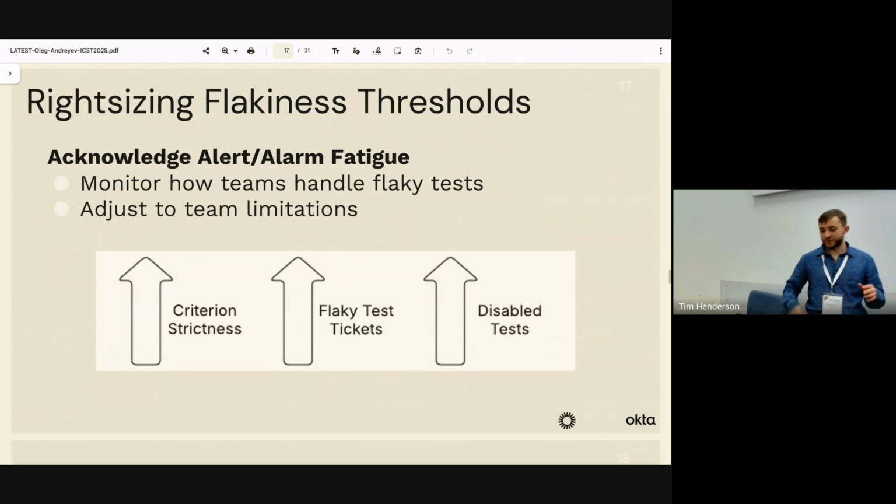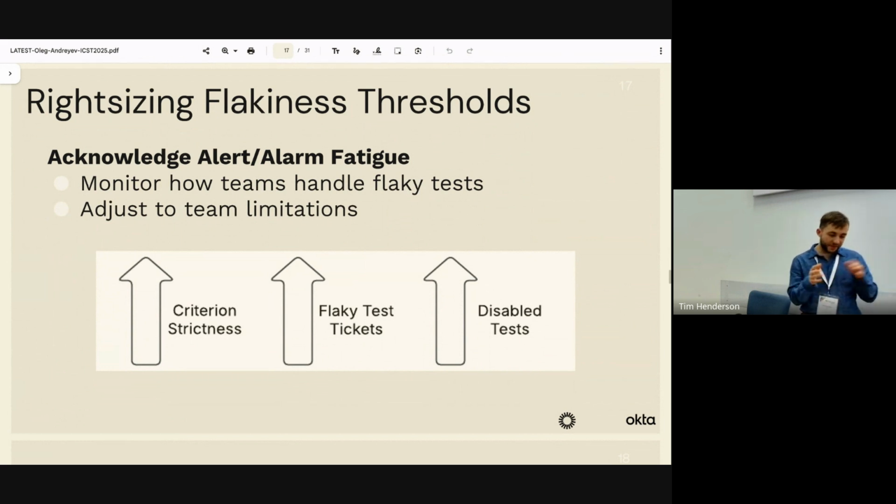So our goal was to increase the trust that our developers had in the CI system and tests as a whole. But we also had to achieve the main goal of staying efficient. Flakiness thresholds are unique to the teams that work on the code base. Multiple teams, single code base. So we look into alert fatigue, very important.